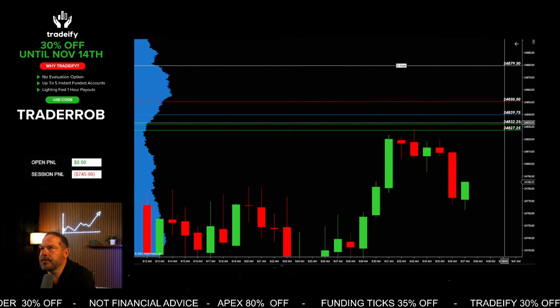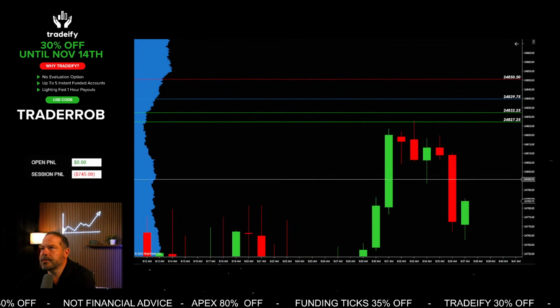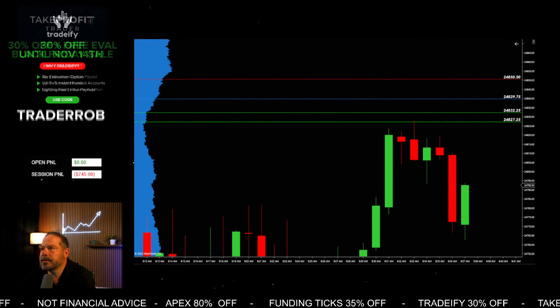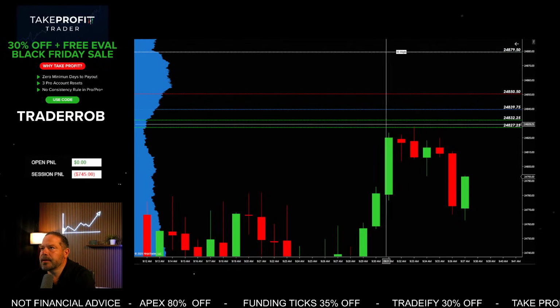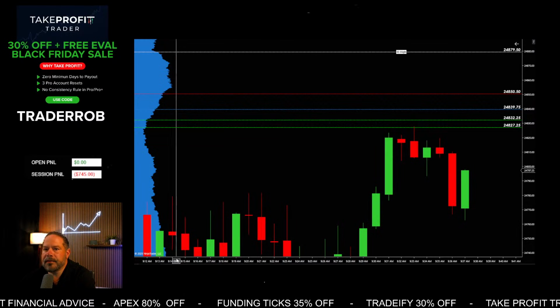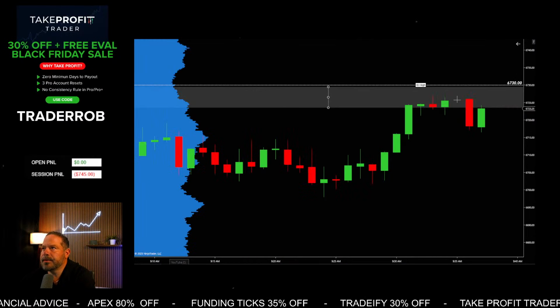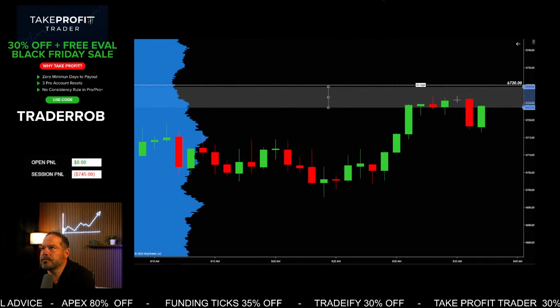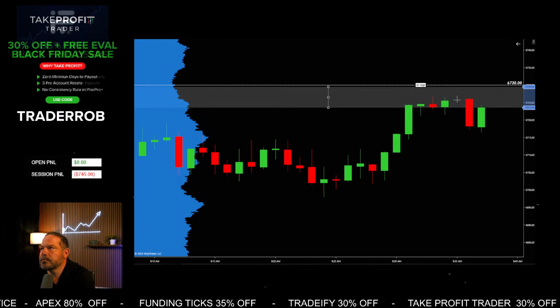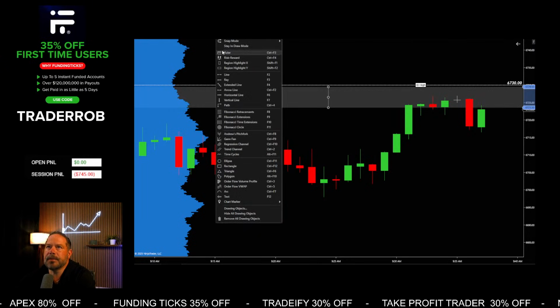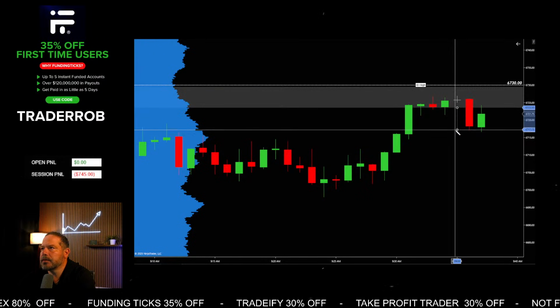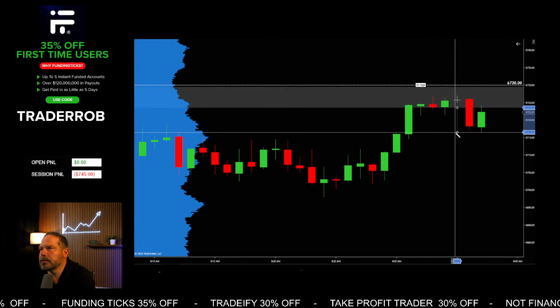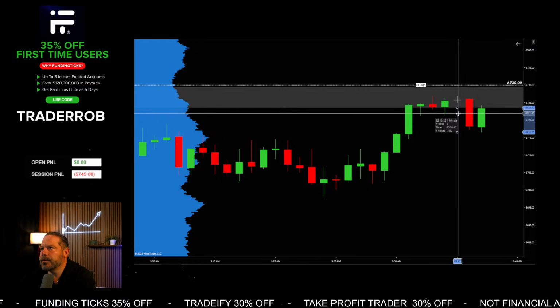That's about 17 points, so this will be decent. They have created a stop loss sweep here. Just see what this would have been good for here. 7 points.